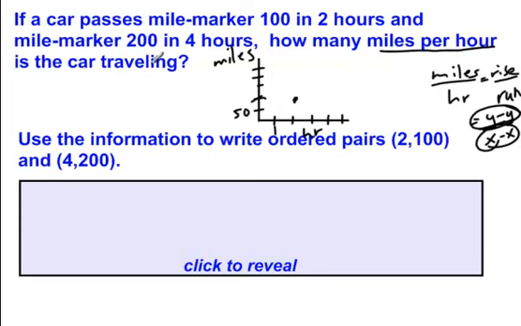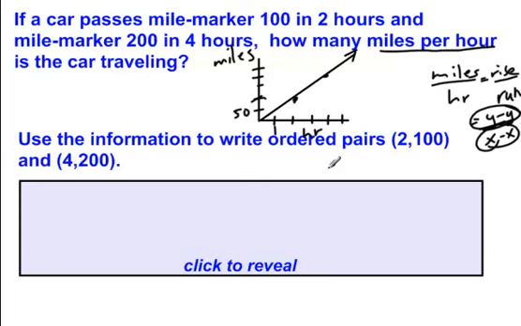Okay, then I go past mile marker 200 in 4 hours. Well, here's 4 hours right over here, and mile marker 200 is right there. So then this is my graph of my travels right there. Obviously, this would be right over here because we started out right there.